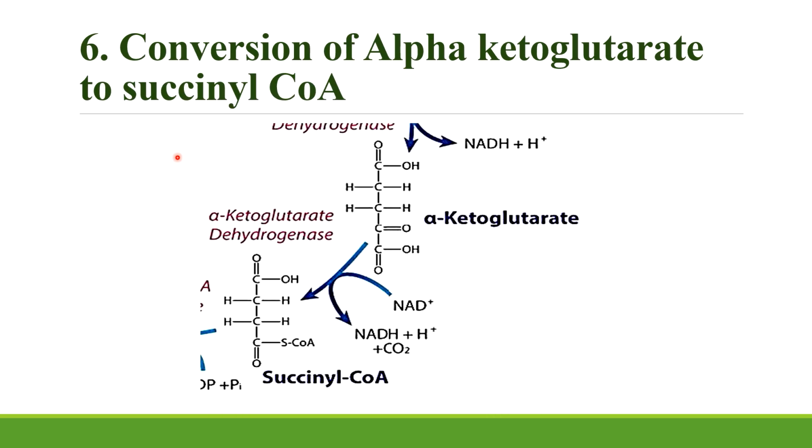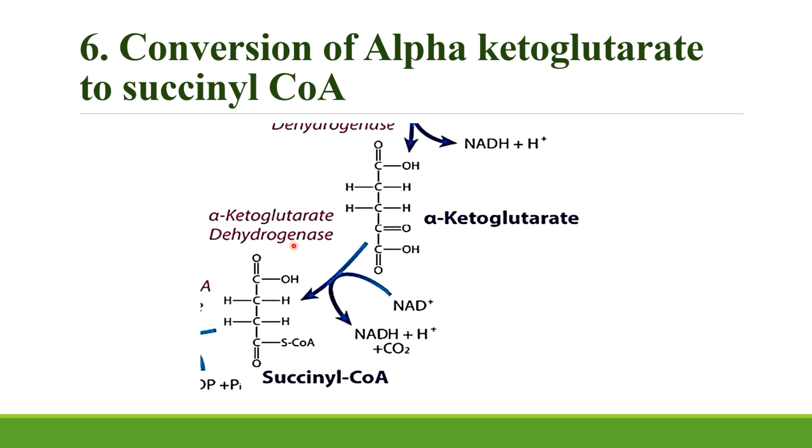The sixth step is conversion of alpha ketoglutarate to succinyl-CoA. This again occurs through oxidative decarboxylation, and the enzyme involved is the alpha ketoglutarate dehydrogenase complex.